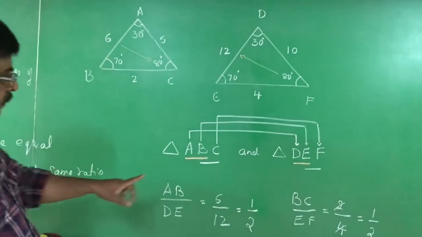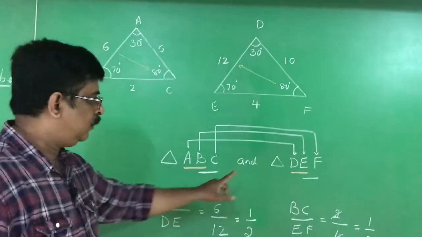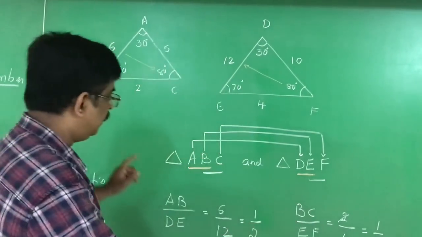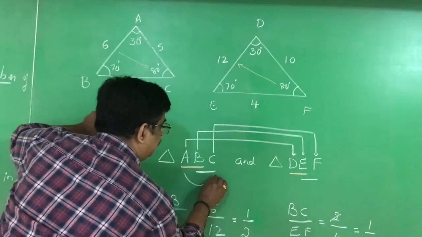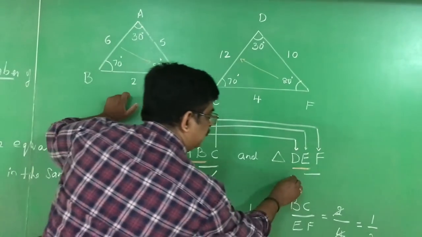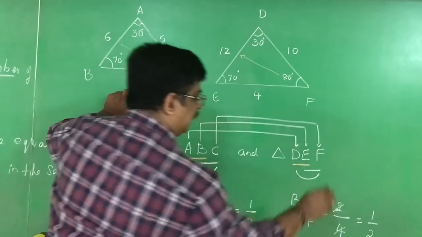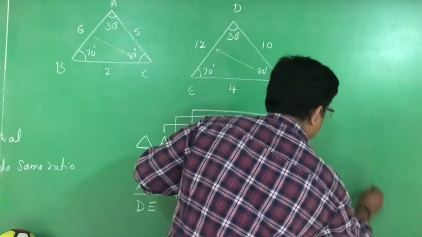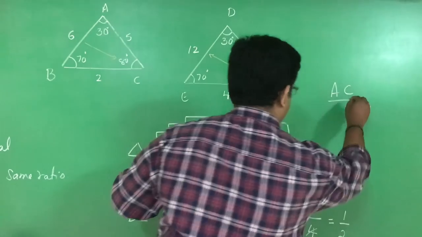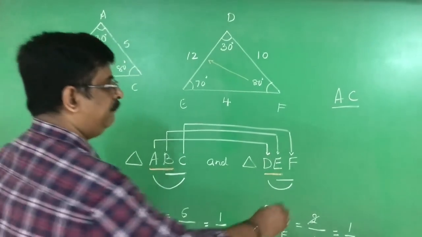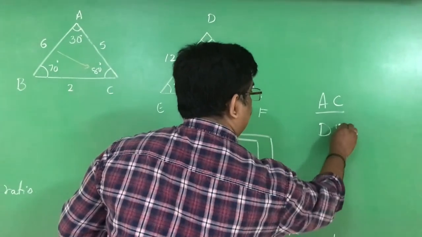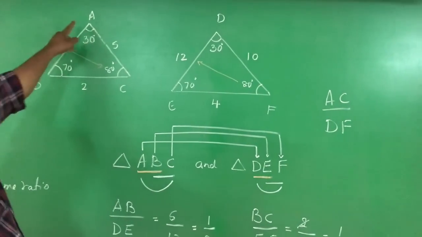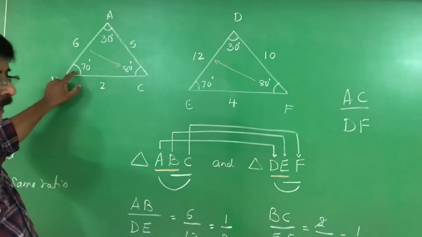One more is there. 1, 2 I made, 2, 3 I made. Now 1, 3 I made. First and last. I make a ratio. AC, I write it here, AC by DF. You have to verify it. AC is opposite to which angle? AC is opposite to 70 degrees.